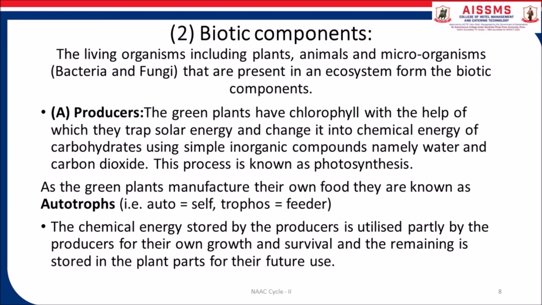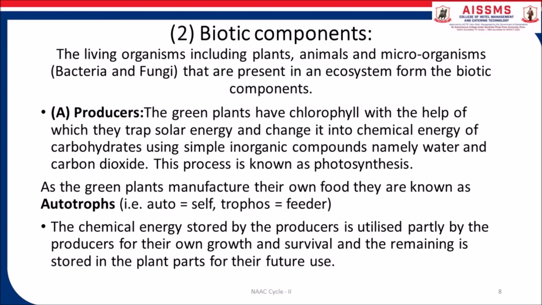This process is known as photosynthesis. As the green plants manufacture their own food, they are known as autotrophs. Auto means self and trophs means feeder.